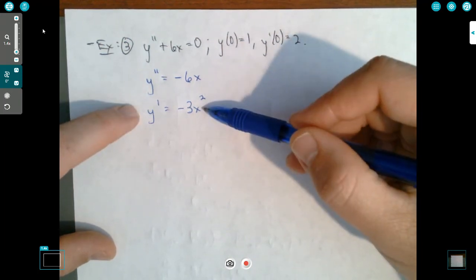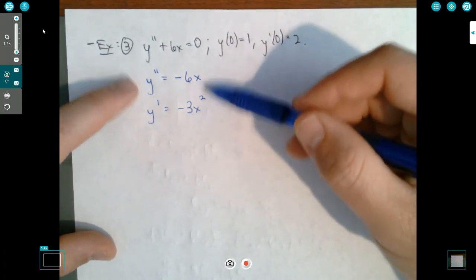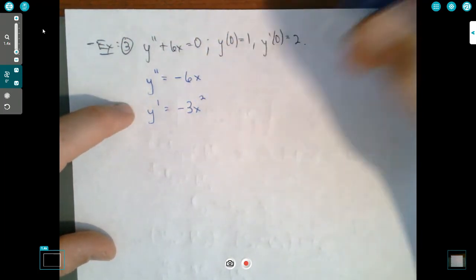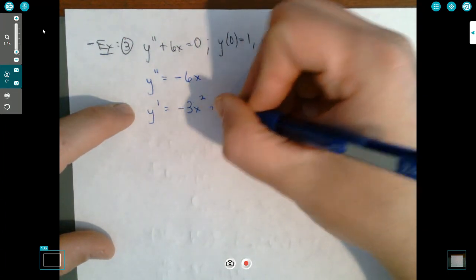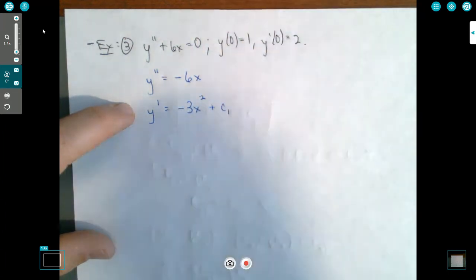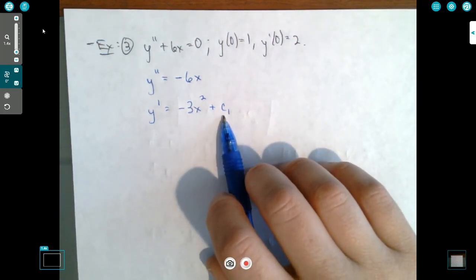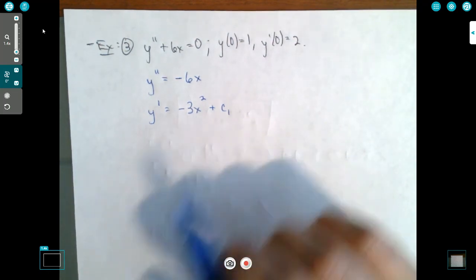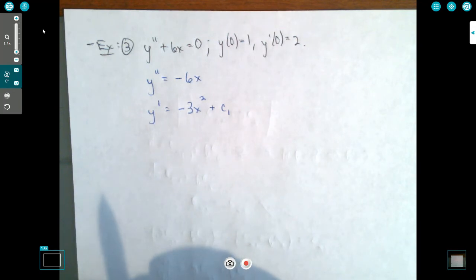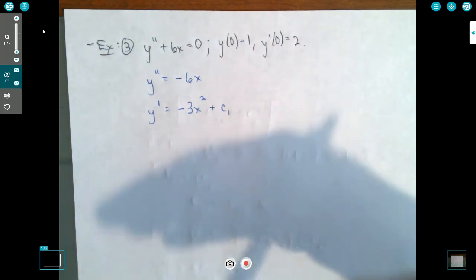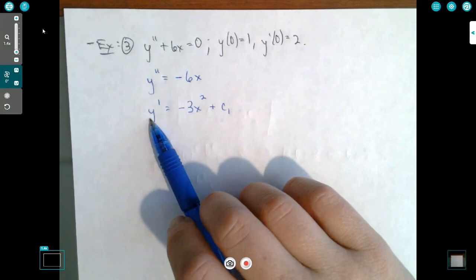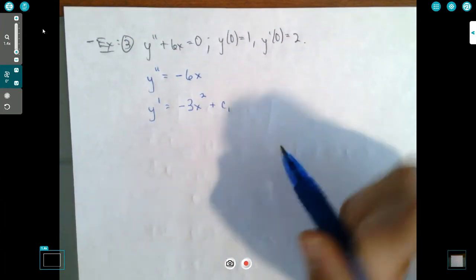Now, the only thing is that when you differentiate, you always lose a constant. Well, not always, but potentially you've lost a constant. And so that's a possibility, right? So there's our first constant value that we have to worry about. Okay, but now if y prime is this thing, then what's y?